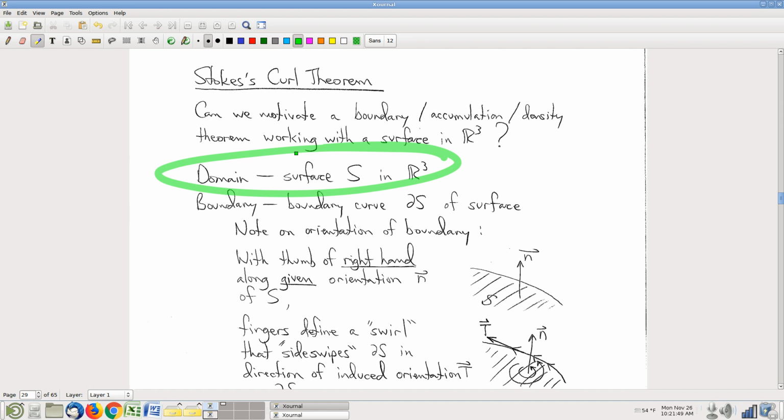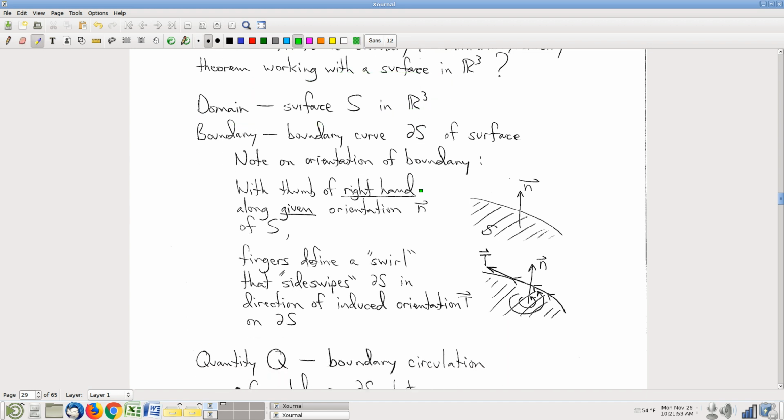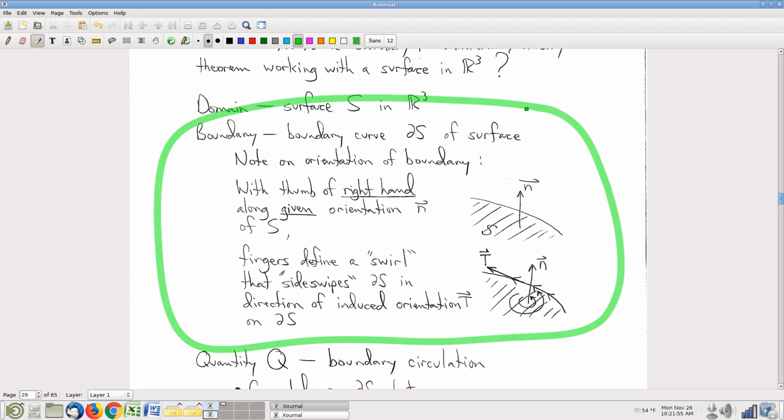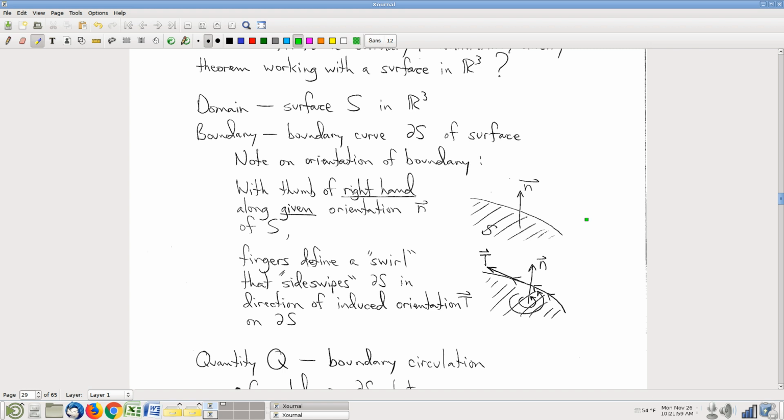On a given surface, you can talk about the boundary curve, and then the question of orientation comes up. And remember, orientations on surfaces come in the form of normal vectors, right? Indicating what's the positive direction of flux that you might calculate through such a surface.